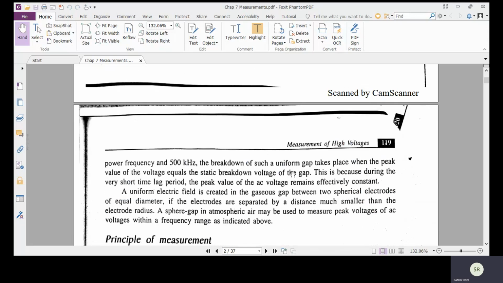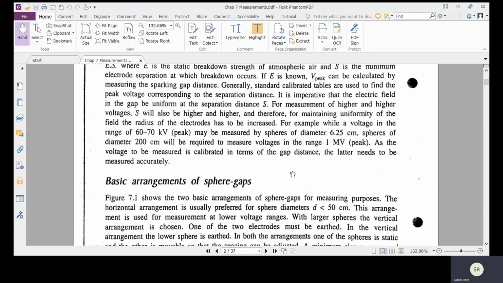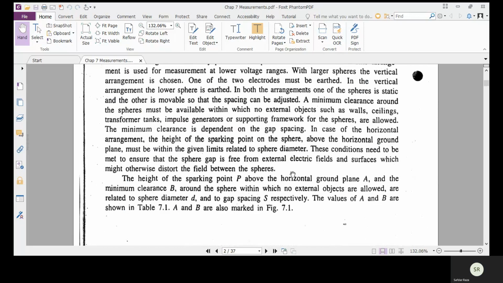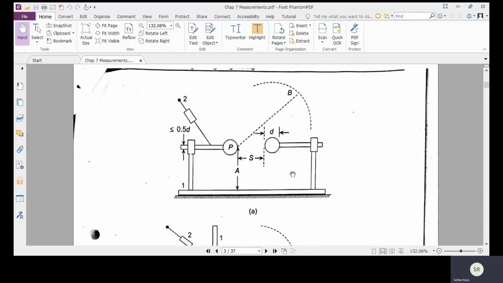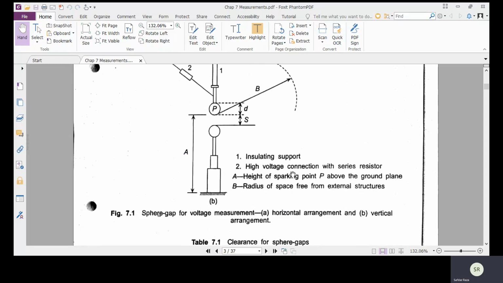So from today, we will start with the basic arrangement of the sphere gap. We will discuss figure A and figure B, which are the pictorial representation of the sphere gap for voltage measurement.